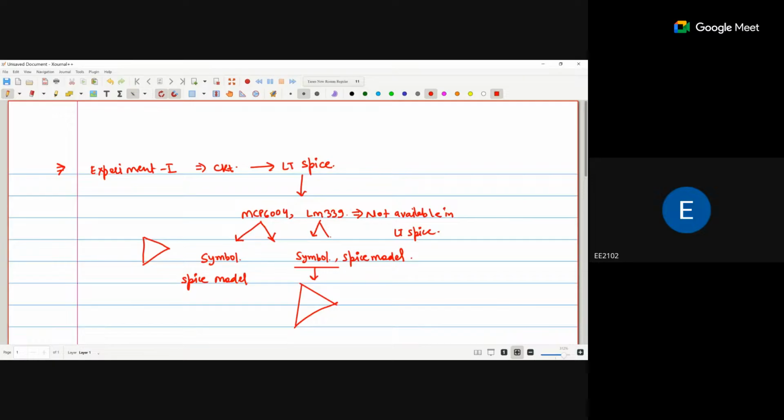So you have to search out the spice model of that one. You can easily search it on the net. Just search MCP6004 spice model, where all the details will be available. With the help of this, you can create it.